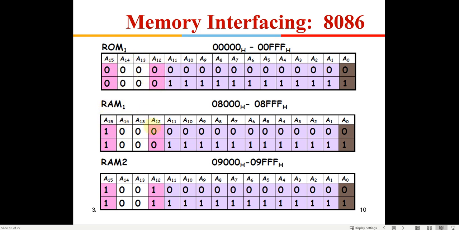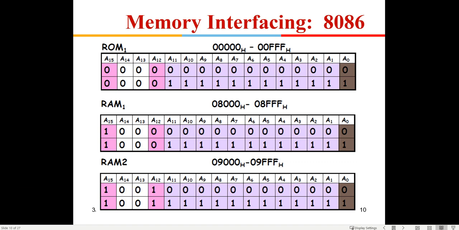And for RAM, again it starts from 000, again it's 4k, till FFF. The unique address which we have given for this set of RAM is 1000, and for RAM 2 we have given 1001. So if you see, these last 4 bits are unique for all these 3 sets. That is how we can distinguish between ROM 1, RAM 1 and ROM 2.